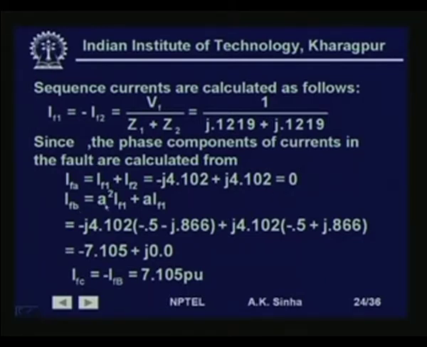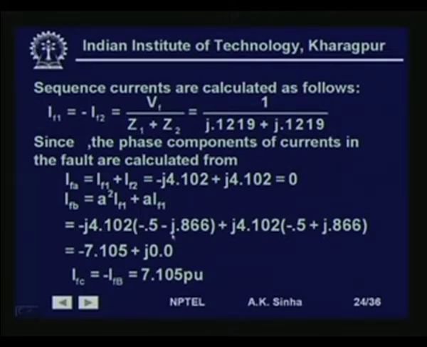Ifb is equal to a square If1 plus a If2 plus If0. If0 is 0, therefore, this is equal to minus j 4.102 into minus 0.5 minus j 0.866, this is a square, and then this is a into If2, this is If2, I am sorry. So, this is equal to this.